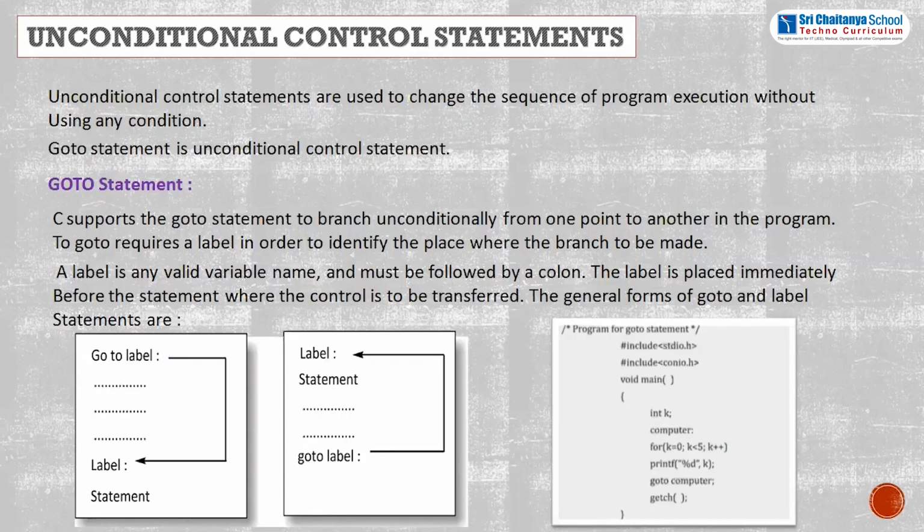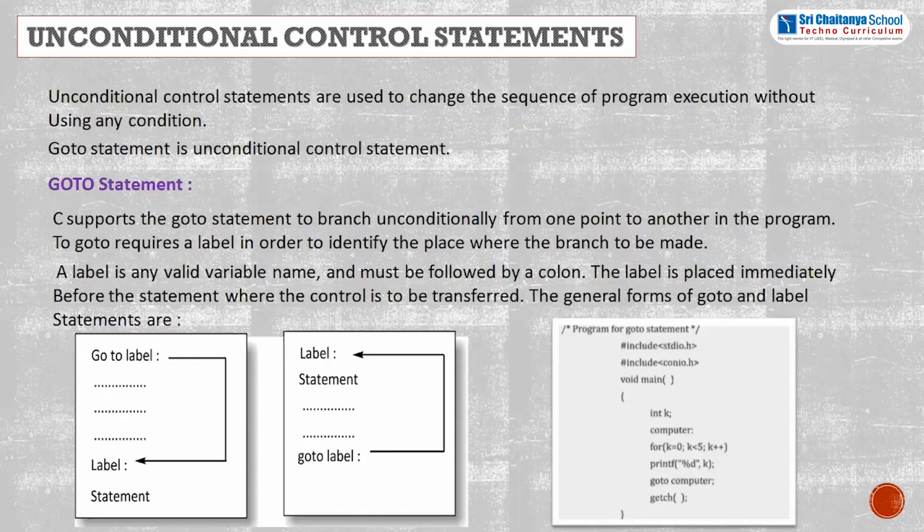What is important for a goto statement? It requires a label. A label is any valid variable name and must be followed by a colon. The label is placed immediately before the statement where the control is to be transferred. The general forms of goto and the label statements are given below.